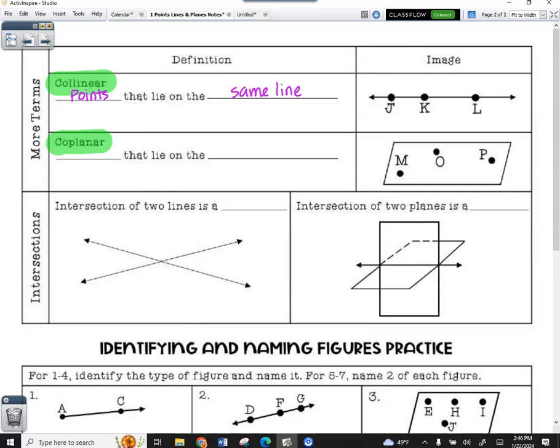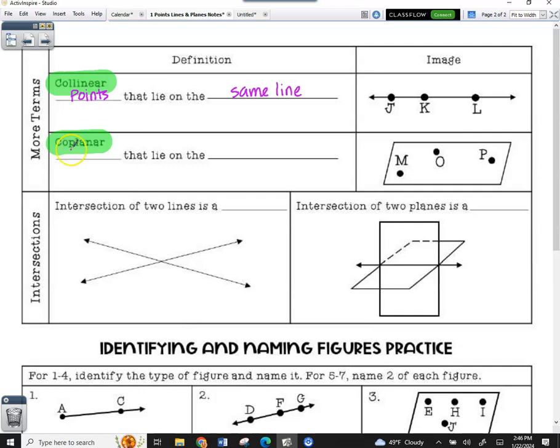Picture to the right needs nothing adjusted. If you notice, points J, K, and L are all on that same line. Coplanar is not really something that comes up a lot, but it's the same thing it sounds like. So collinear was points lying on the same line.